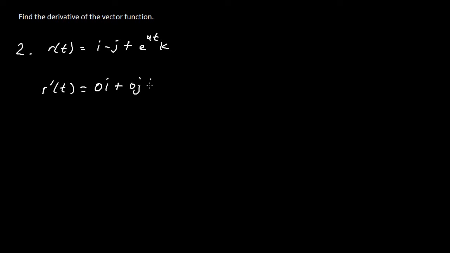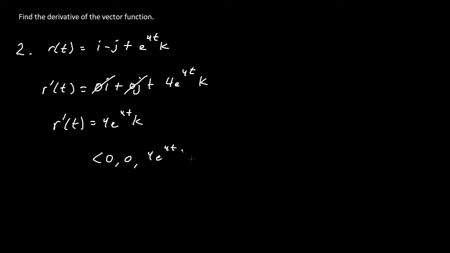Then the function in front of k is e to the 4t, and its derivative is 4e to the 4t times k. The zeros cancel when multiplied with i and j, so what we're left with is r prime of t equals 4e to the 4t k. In component form, it can also be written as 0, 0, 4e to the 4t.